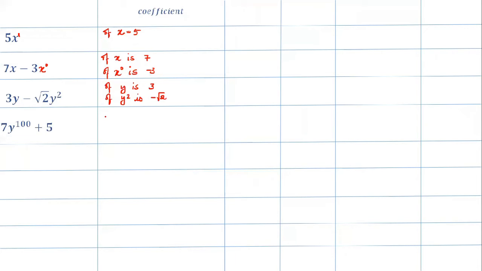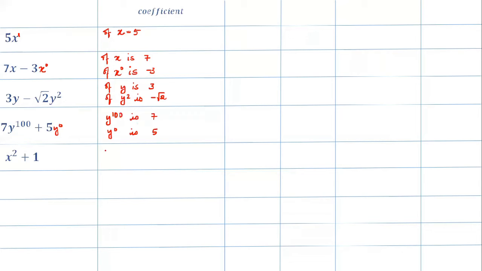Now 7y to the power 100 plus 5. Here coefficient of y to the power 100 is 7. Here you can write y to the power 0 along with 5. So coefficient of y to the power 0 is 5.